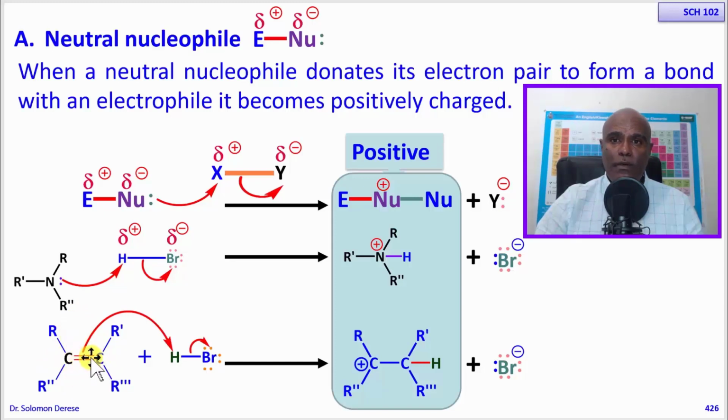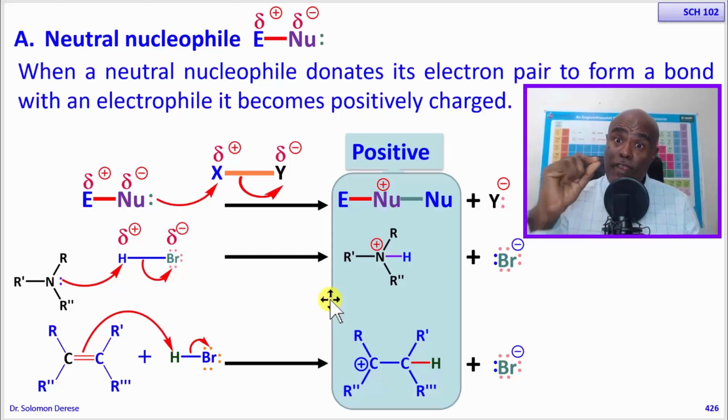That's why when we're drawing the arrow, we start from the middle and use that to form a bond with the hydrogen. It is possible this carbon could be the one forming a bond with this hydrogen. But the other carbon, since it has lost its electrons, becomes positively charged. So the point is, when a neutral nucleophile forms a bond with an electrophile, this neutral nucleophile becomes positively charged.